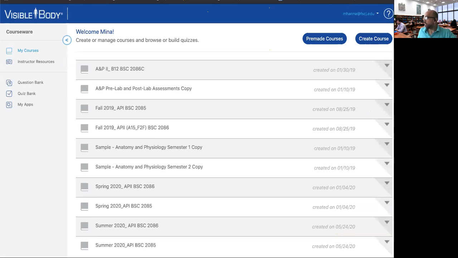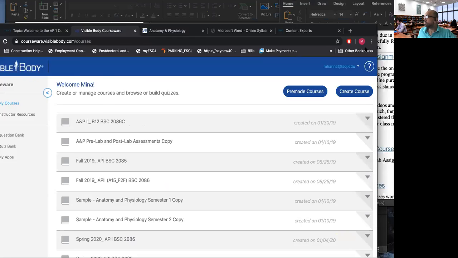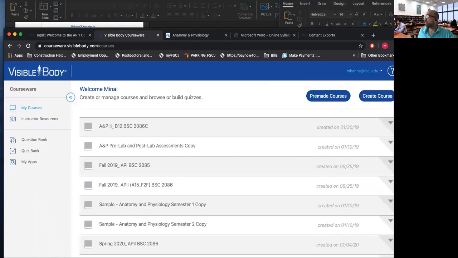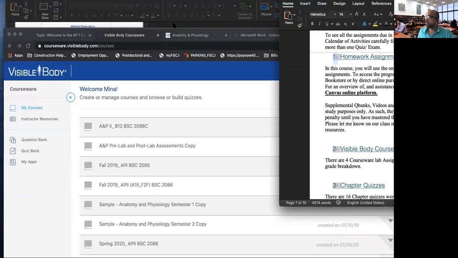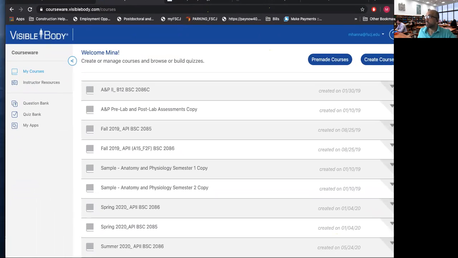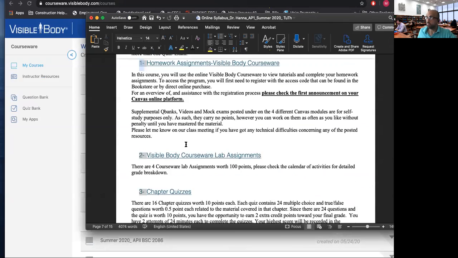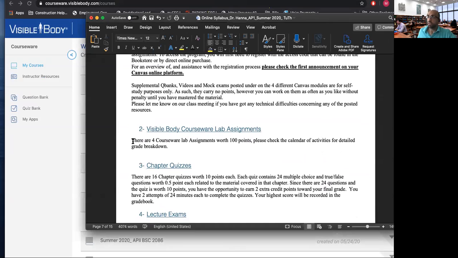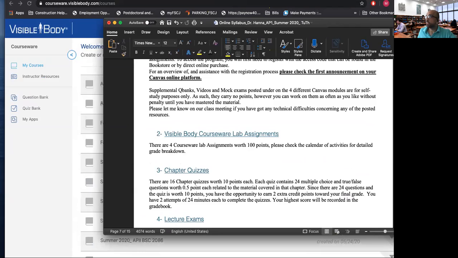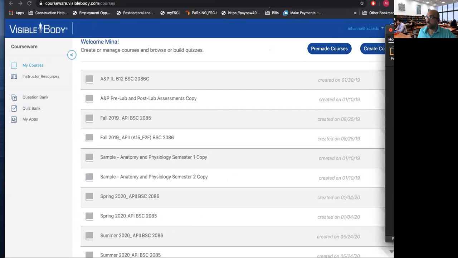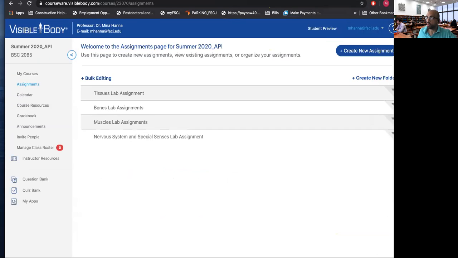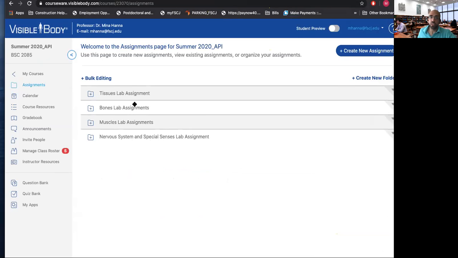The second thing that we've got is going to be the Visible Body lab assignments. Those are 4 lab assignments, and they are going to be under your course shell. So you open your course, you will see 4 lab assignments.